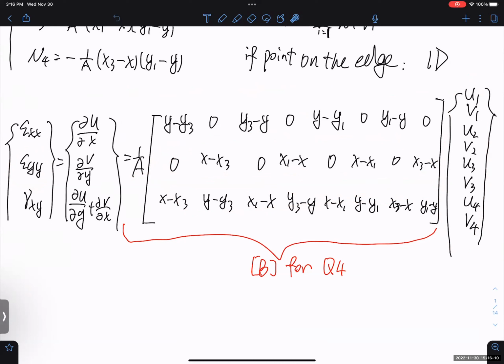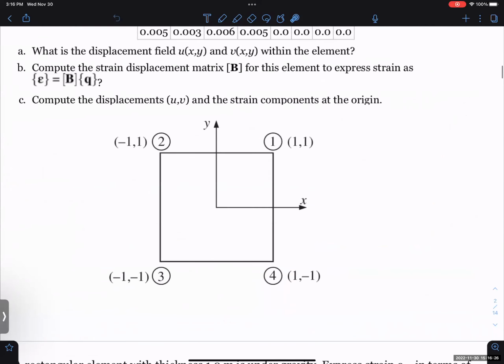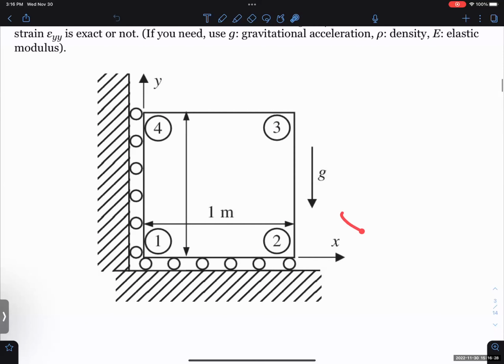Is this clear or not? So I guess some of you already watched my tutorial video. Let me ask you a further question. If I use Q8 to model this problem, can it represent the accurate result for epsilon y or not?